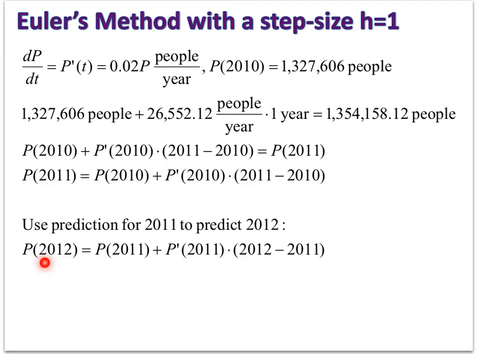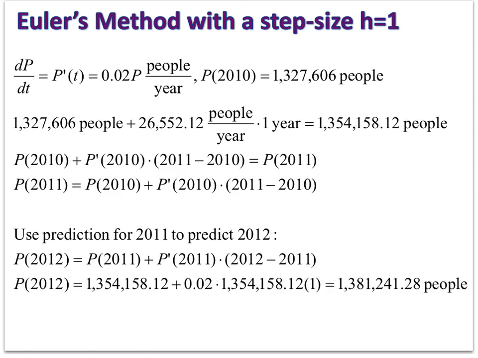So how would I predict 2012? I would take the population at 2011 plus the change at 2011 times, in this case, 1 year, from 2011 to 2012. I plug in these values, meaning this is what I got above when I did my prediction. And then this, of course, is my new rate of change because I'm basing it on my 2011 population.